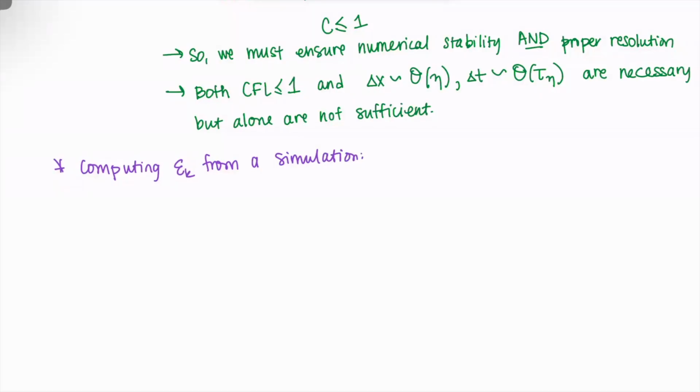Epsilon k is equal to viscosity times the mean of the gradient of the velocity fluctuations double contracted with itself.